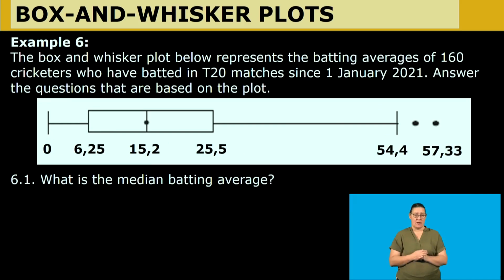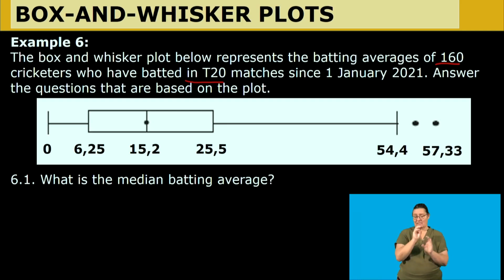6.1. What is the median batting average? I'm sorry, let's read the context first. Example 6. The box and whisker plot below represents the batting averages of 160 cricketers who have batted in T20 matches since 1st January 2021. Answer the questions that are based on the plot.